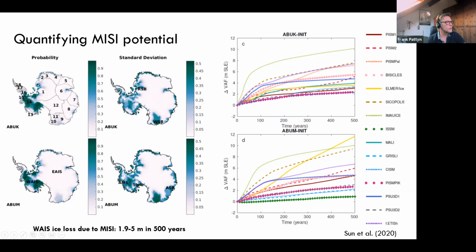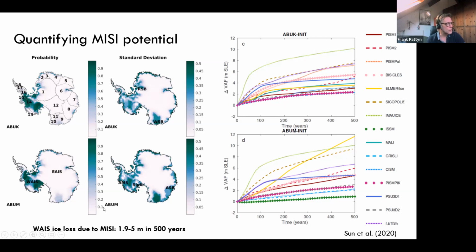We see here the standard deviation, so the lighter the color means that the more the models agree. Some models, and that's here the darker color, they lose ice also in East Antarctica. Some of them in certain scenarios also around the Totten Glacier catchment. And those lead then to very high sea level estimates.